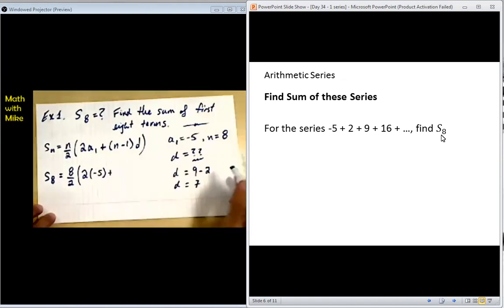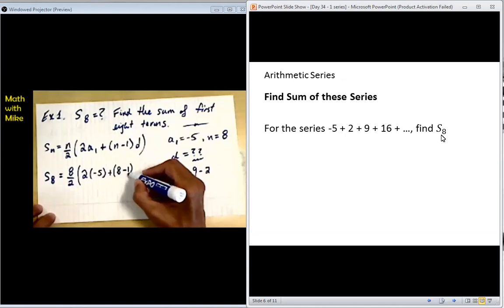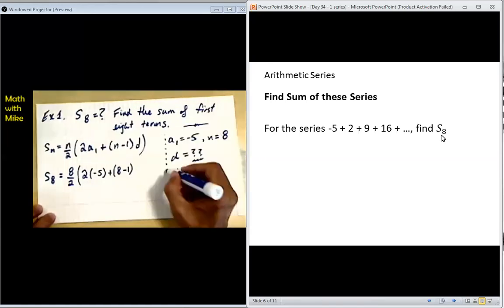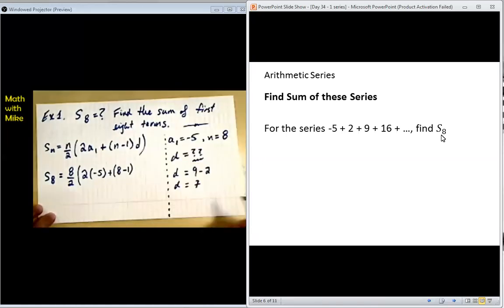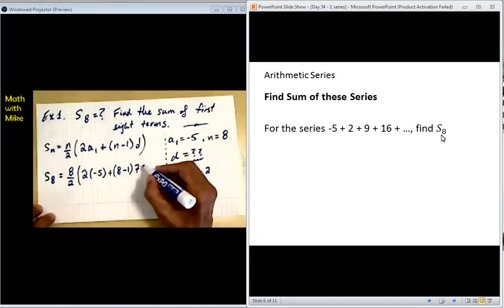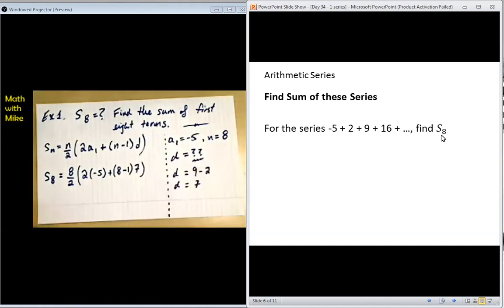Plus, I'm just going to put 8 minus 1. We know it's 7, but just showing the substitution for now. And D is, yeah, we did some hard work there, integers and all that stuff. Get a value of 7 there at the end, right?